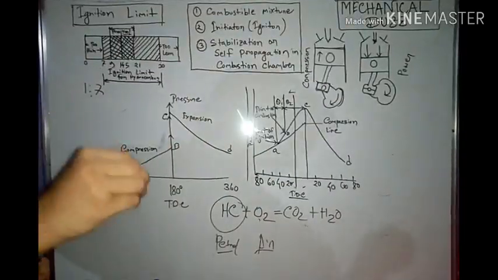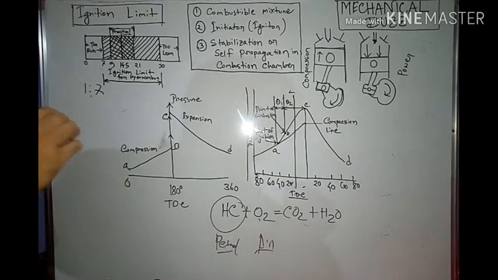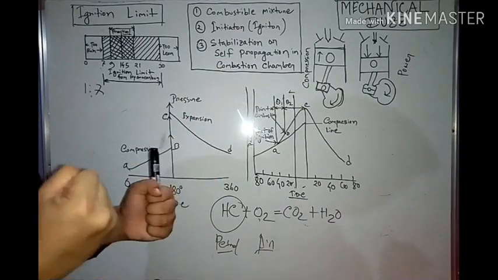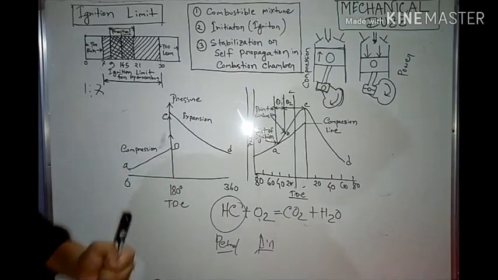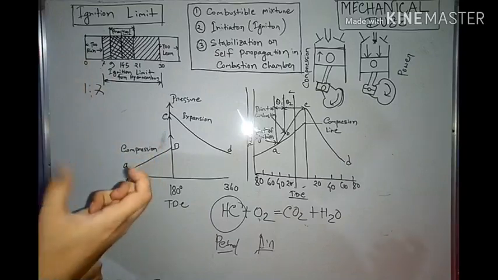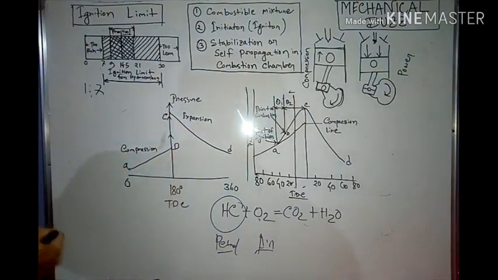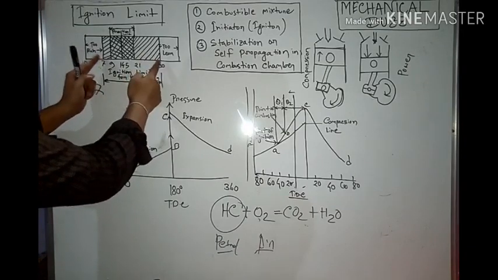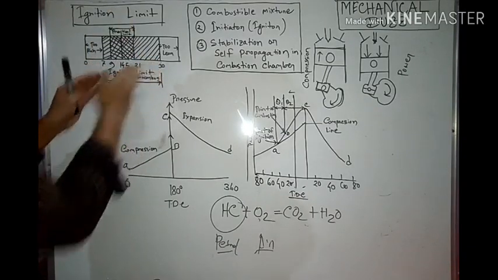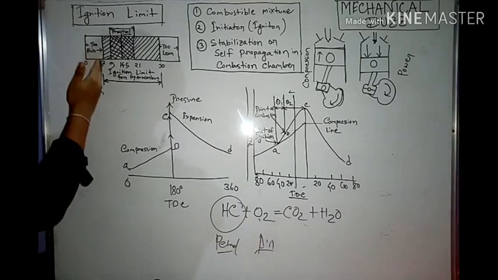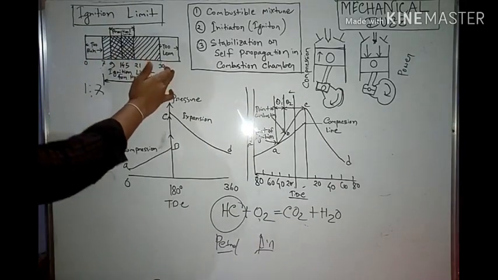The spark plug will ignite, but I'm talking about the combustible mixture actually. You can ignite the spark plug, but you can't ignite the air-fuel mixture if your air-fuel ratio is out of this scale. So your air-fuel ratio has to be between 7 and 30.